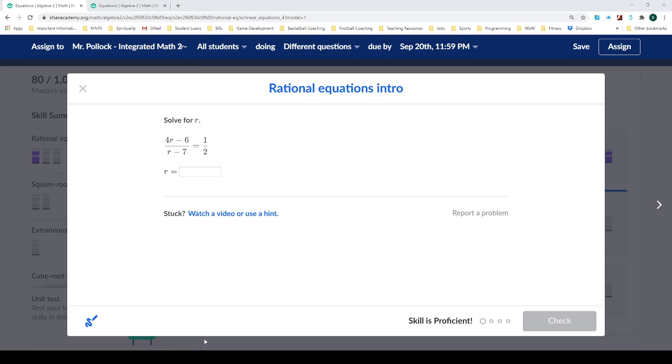Alright, so we're going to be talking about, as I said, how to solve rational equations. I'm going to do two different examples here. So, first of all, remember when you're solving an equation, any type of equation really, what you're doing is trying to find the values of a specific variable that make that equation true.